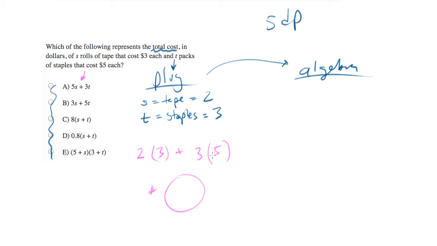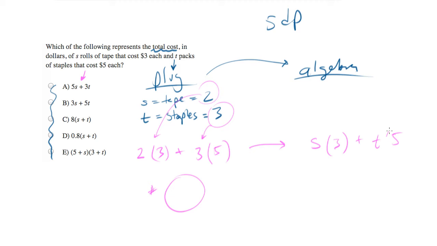But what I'm noticing is that the formula we came up with is such a simple algebraic representation of what we started with that why don't we just switch to algebra? Switch to the algebra method. Instead of, notice we plugged in 2 here, so I'm going to plug an S in instead. S times 3 plus, and I plugged 3 for the staples, so let's do T times 5.